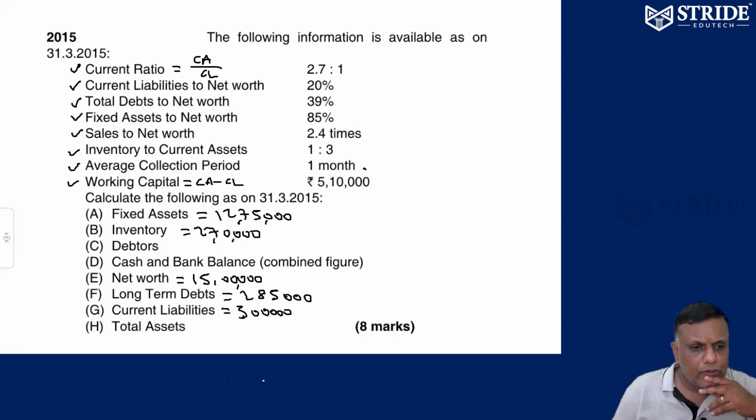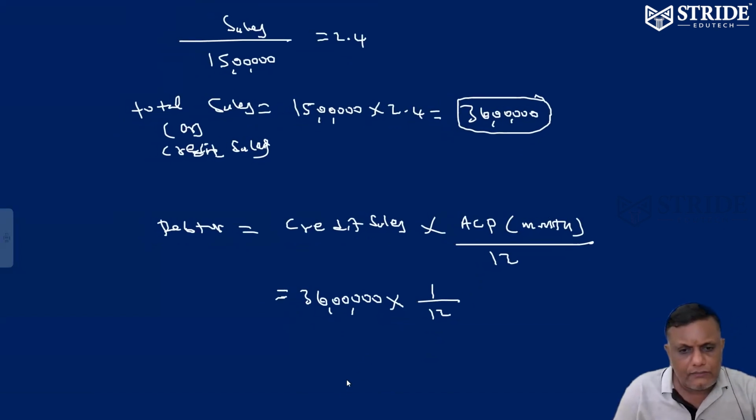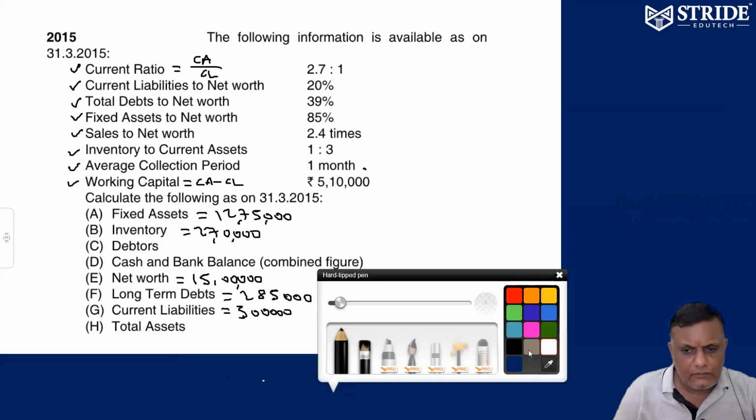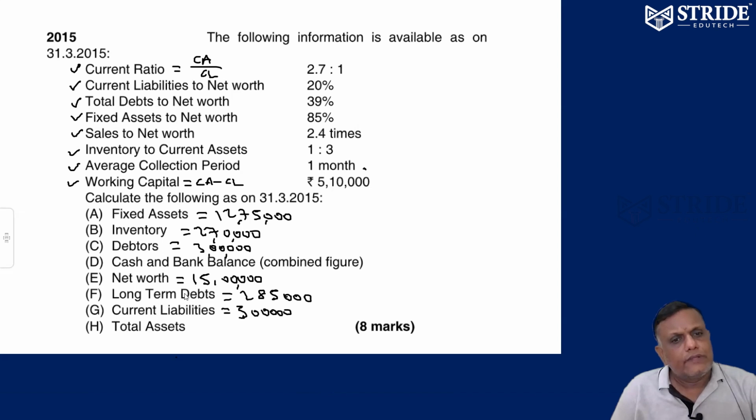So 36 lakhs by 12 is equivalent to 3 lakhs. So debtors is equal to 3 lakhs.